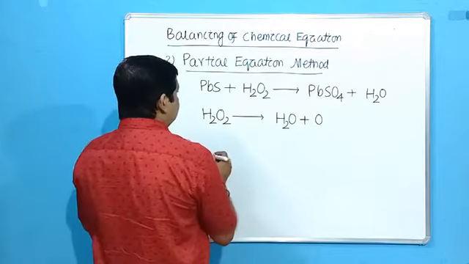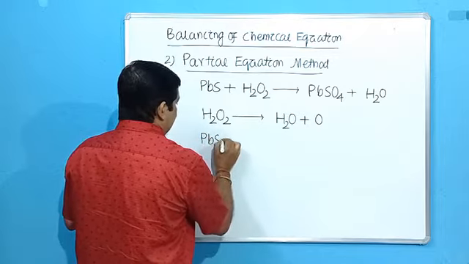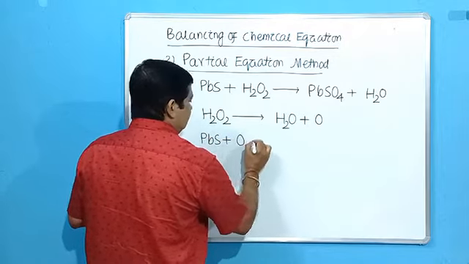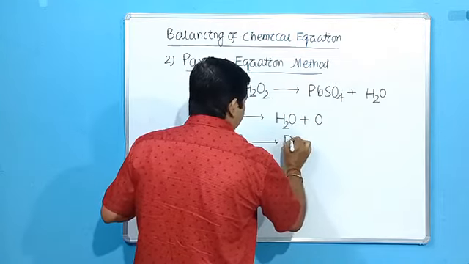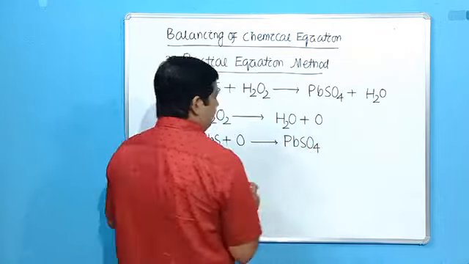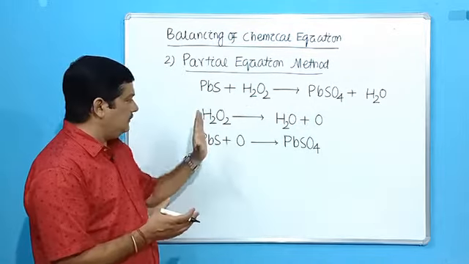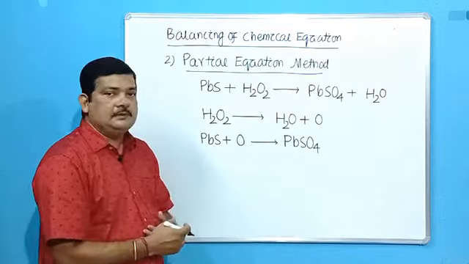Okay. Then PbS, lead sulfide, will react with oxygen to produce lead sulfate. So a reaction which has been completed in one step, we have divided into multiple steps.